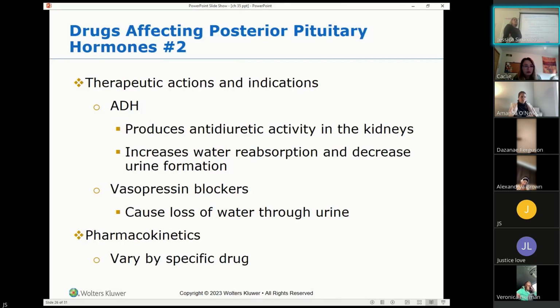So it is also given as a pressor in critical care to vasoconstrict to increase your blood pressure. So most of the time when you see vasopressin, it's going to be in that critical care scenario where your patient needs help with increasing their blood pressure.